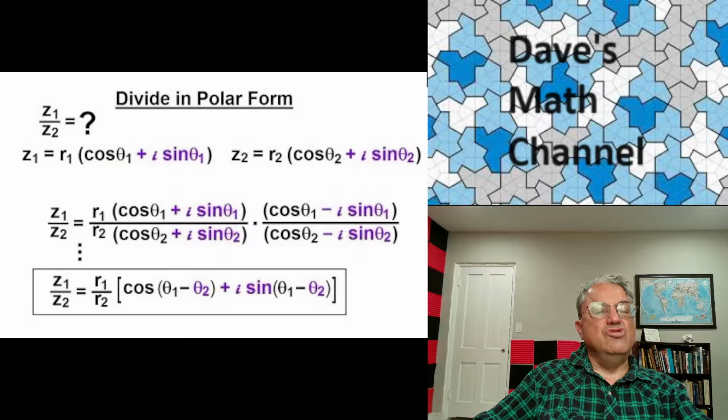So it's the same rule as for multiplying, except instead of multiplying the absolute values, we're dividing them, and instead of adding the arguments, we're subtracting them.